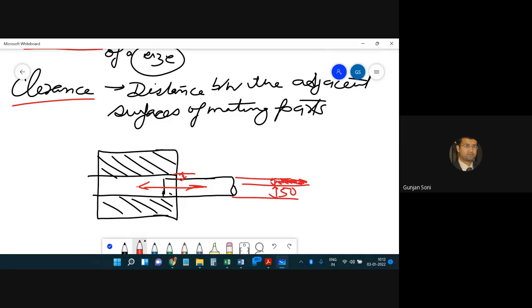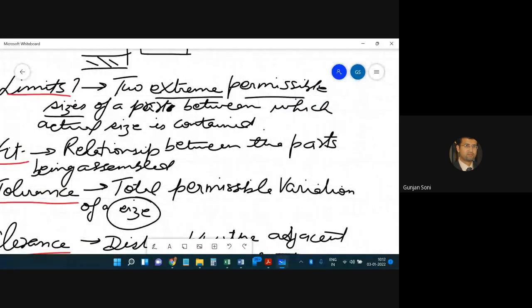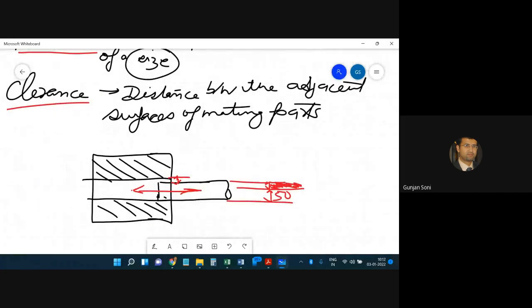So this shaded region is indicating your tolerance. Okay, and the limits you can see, this value, let's say, is 50.1, and the above one is 50.5. So these are the limits.